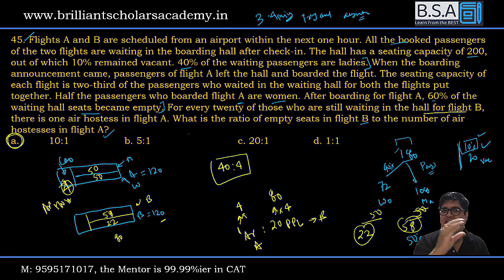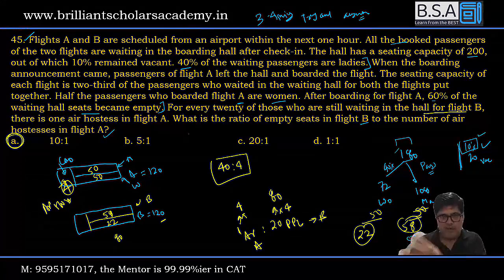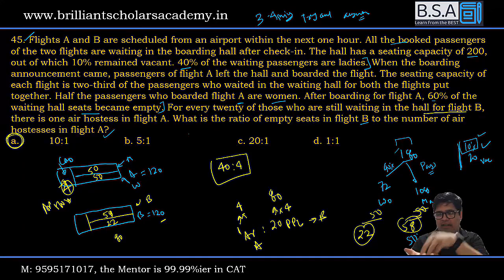So 100 seats are going into A. In those 100 seats, men and women are equal, so 50-50 men and women. So how many people remain? 80 people are waiting for B. Now the question says, for 20 people waiting, there will be one air hostess going to A. So for 80, there will be 4 air hostesses.